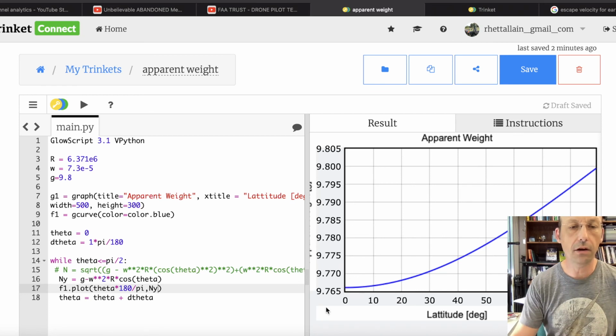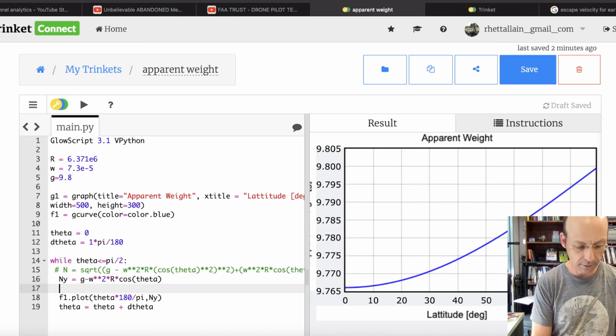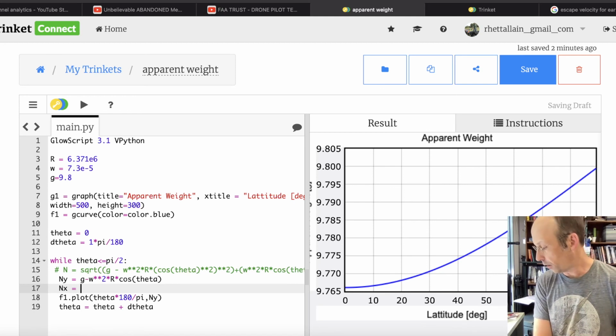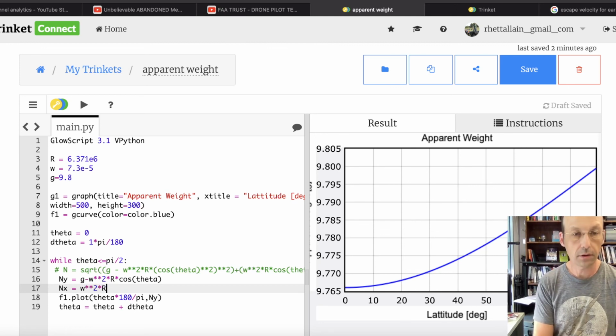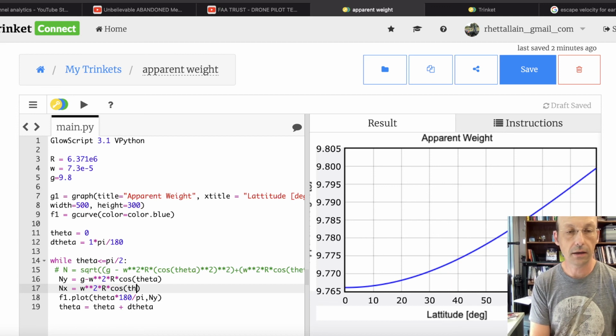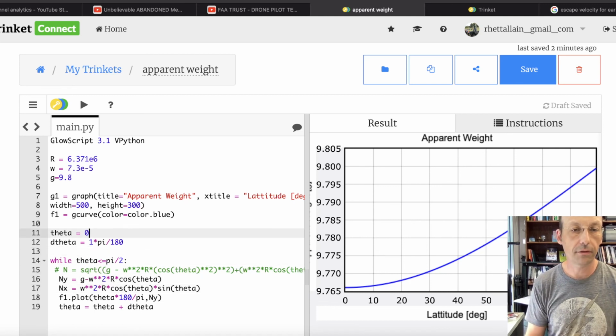I bet down here if I change this, let's plot in x. In x. Then I'm typing my equation. In x is omega squared times r times cosine theta times sine theta. And let's make two graphs.